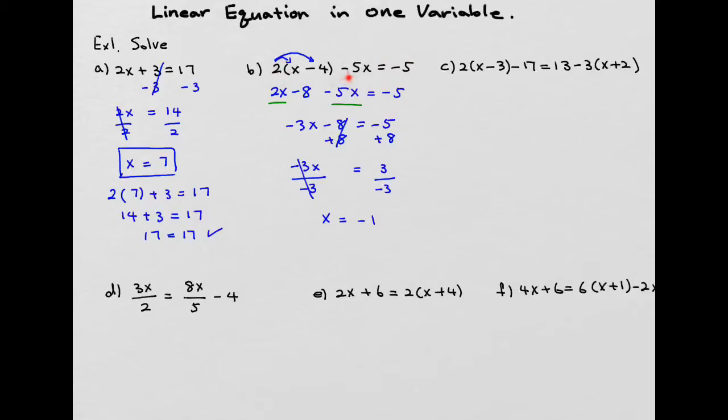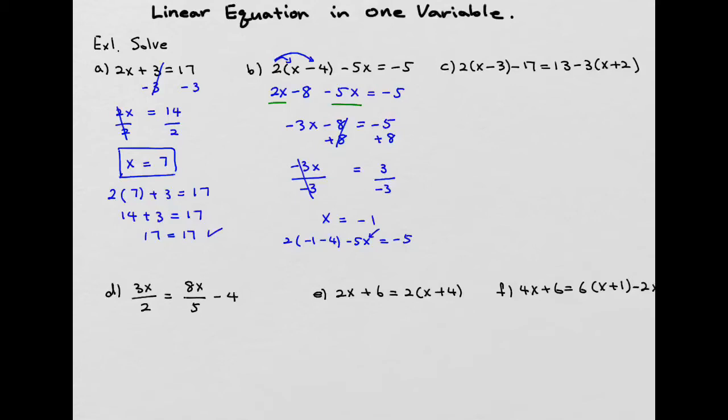In other words, this left side should be equal to negative 5, right? So if you want to see that, it will be 2 times negative 1 minus 4, minus 5x, and x is negative 1 also, right?